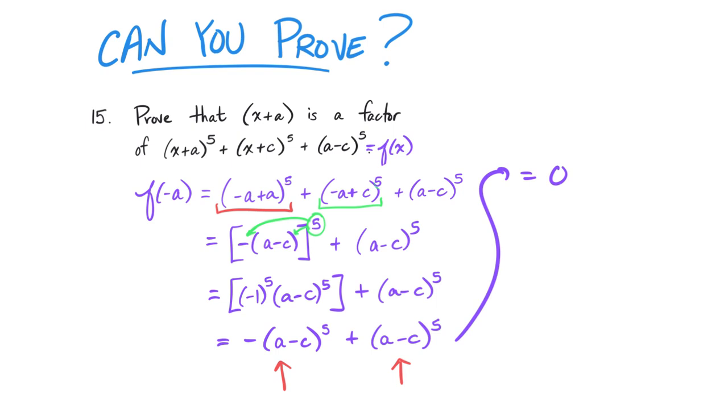If we struggle to see it, let's use some substitution real quick and say I'm going to let a minus c equal, how about d? D's nowhere in the expression. What that then means is I have negative d to the 5th plus d to the 5th, and I'm hoping we see that those are going to cancel out.